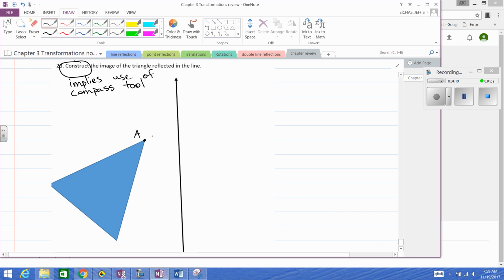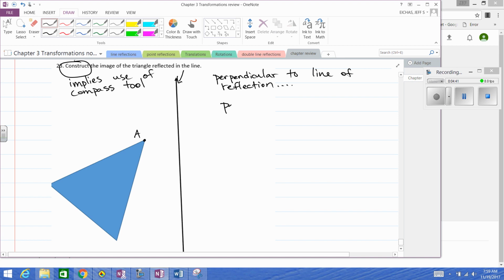A line reflection needs you to move perpendicular to the line we're going to reflect through. So we have to move perpendicular to the line of reflection. The construction we're going to use is something we did last chapter.